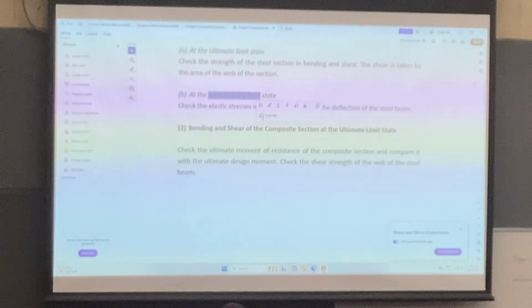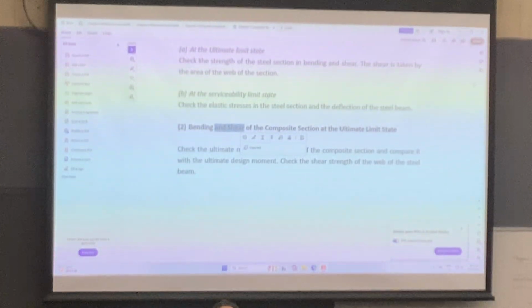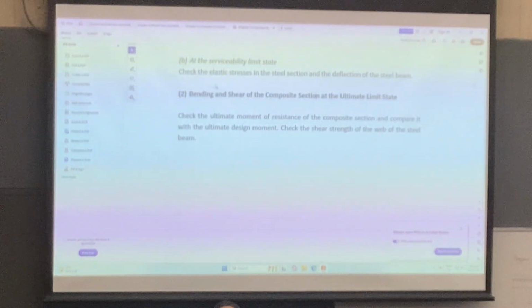We can take a look at the bending and shear for the composite section afterward. Because during construction, of course, the loading is just taken by the steel beam itself. But after the concrete hardens, both the bending and the shear will be taken by the composite section. That means the concrete and the steel beam will work together.